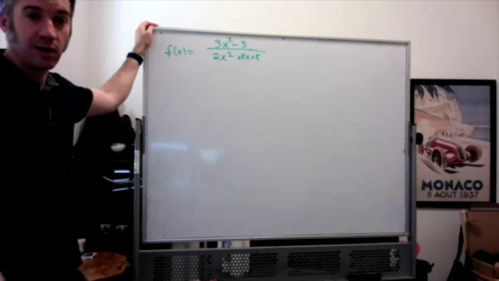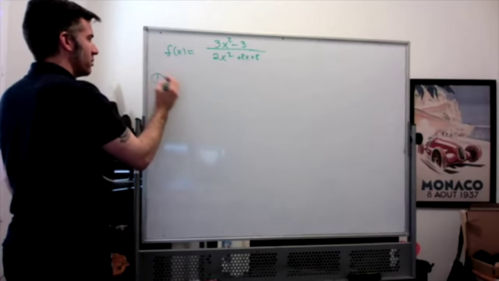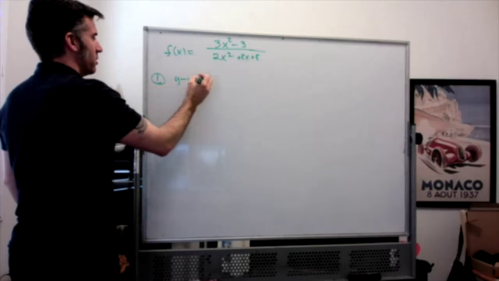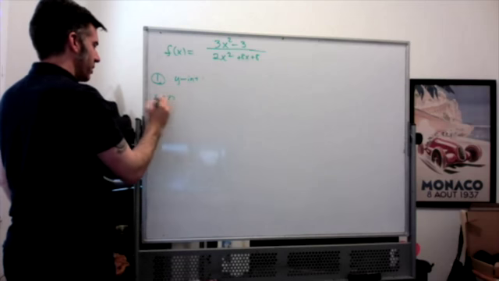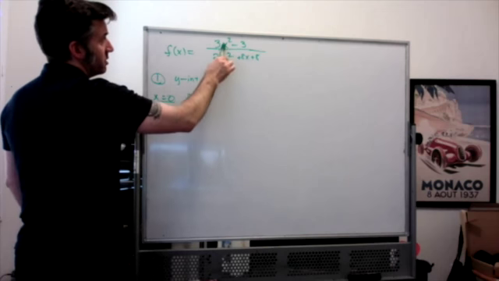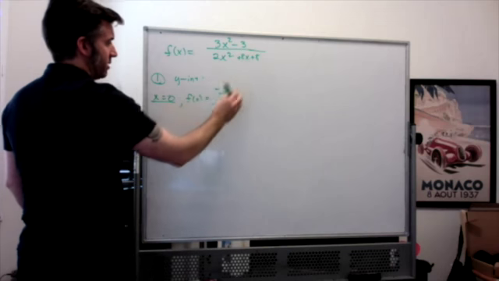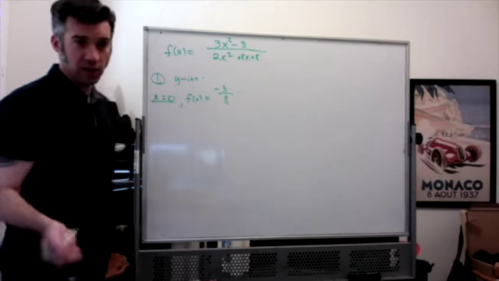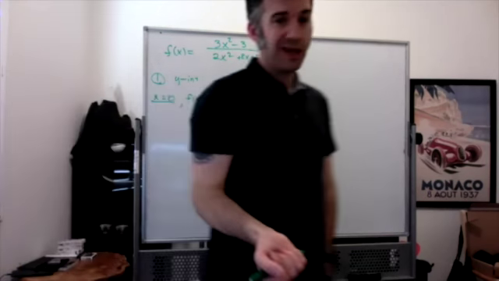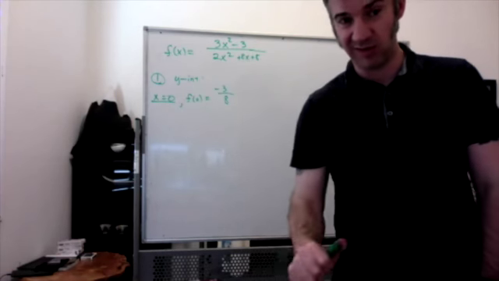All right, so let's graph this thing. Usual stuff. Y-intercept: set x equal to 0. If x is 0, f of 0 is going to be 0 minus 3 over 0 plus 0 plus 8. I should have factored this first to make sure nothing cancels, because if something cancels, there's going to be a hole.